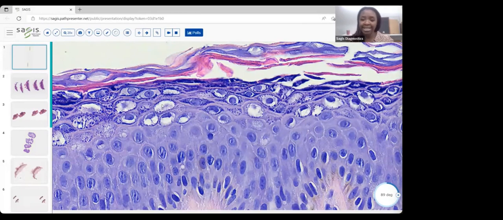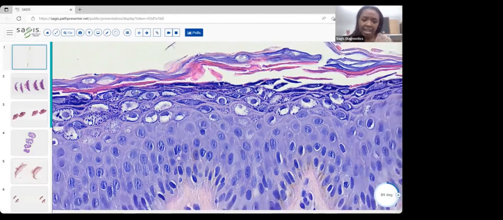Broadly, we call that viral cytopathic effect, and there are various different kinds, so we'll go through the different types as we come across them. In this case, koilocytes are keratinocytes exhibiting viral cytopathic effect, with a small dark or pyknotic nucleus, an enlarged keratinocyte with vacuolation, and viral inclusions that may be present in the cytoplasm.